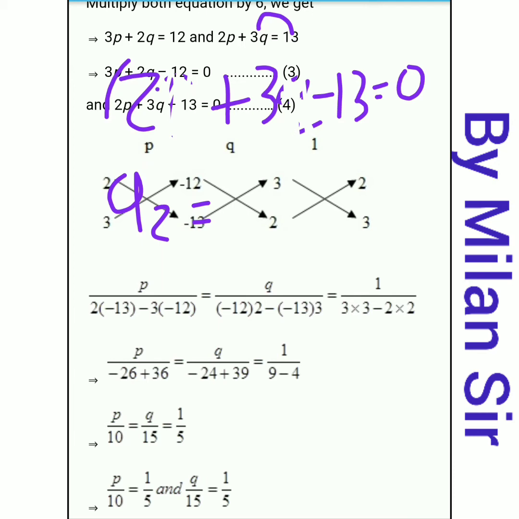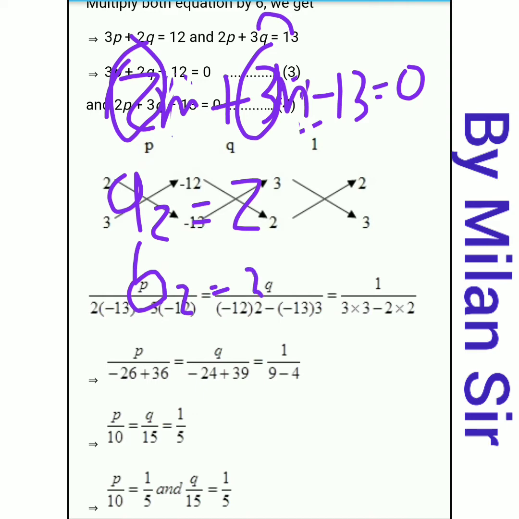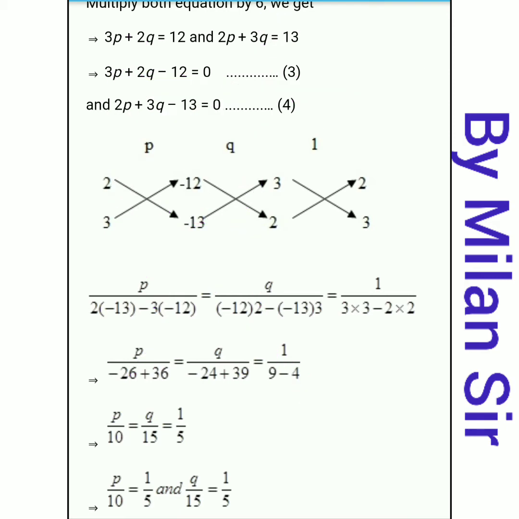So here a2, the coefficient of m, is 2, b2, the coefficient of n, is 3, and the constant term c2 is minus 13. So a1, b1, c1, a2, b2, c2 are ready: a1 is 3, a2 is 2, b1 is 2, b2 is 3, minus 12 and minus 13.